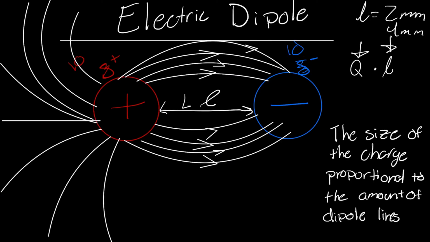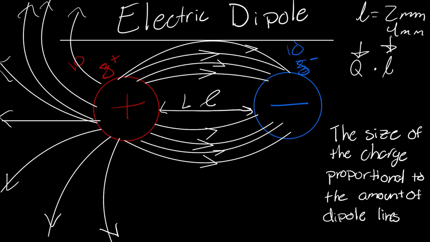I'm just going to draw the ones for the proton here. Obviously they're all going away, because, very important, the direction always goes from the positive to the negative. That's why over here they're going towards the negative.